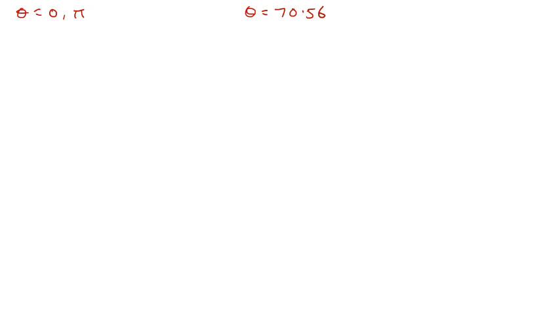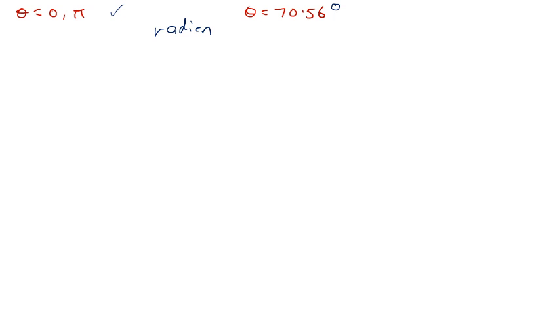In the previous slide, for the first solution, we already obtained the values of theta, which are 0 and pi. And for the other solution, we obtain only one angle, that is 70.56 degrees. The other angle we omit because it exceeds 180 degrees. But look, the question asks for the angle in radians.